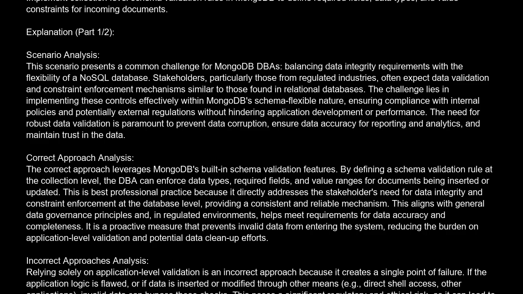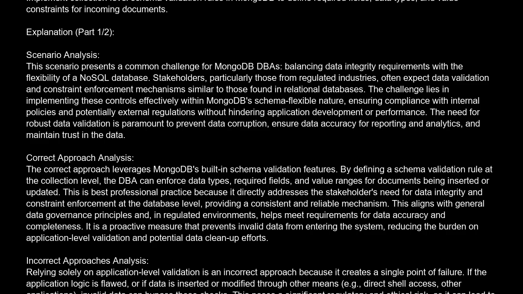This aligns with general data governance principles and, in regulated environments, helps meet requirements for data accuracy and completeness. It is a proactive measure that prevents invalid data from entering the system, reducing the burden on application-level validation and potential data cleanup efforts.